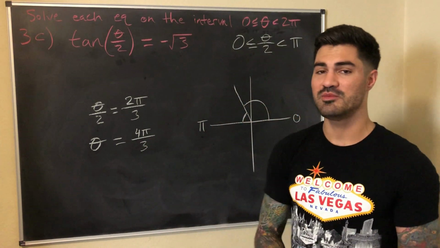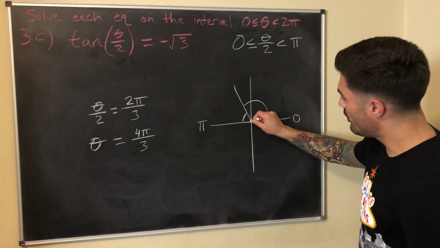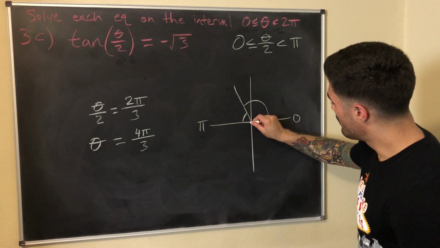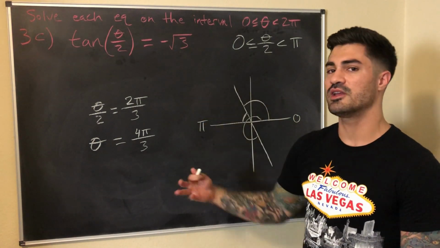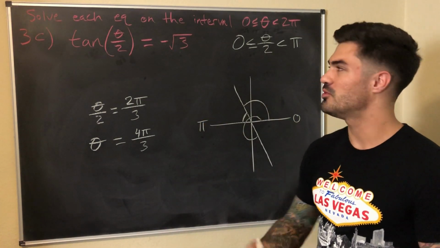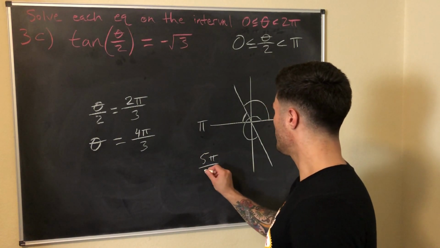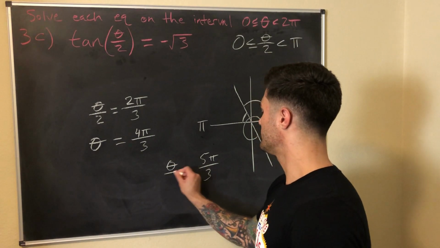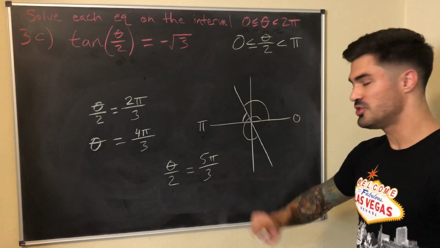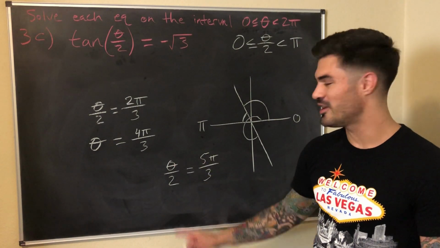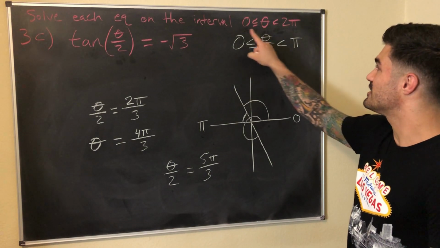If you don't believe me, maybe you think there are more solutions, you are welcome to try. Maybe you're thinking, well, the tangent of 5 pi over 3, this angle here, is also negative root 3. How come that doesn't work? Well, if 5 pi over 3 were a solution for theta over 2, then when you multiply both sides by 2 and solve for theta, you end up with theta equals 10 pi over 3, which is outside of this interval.